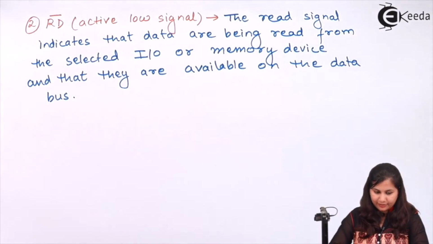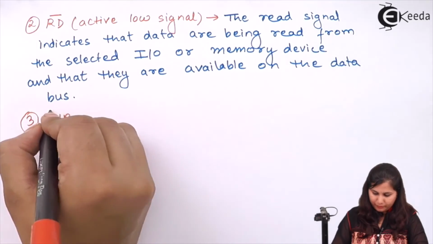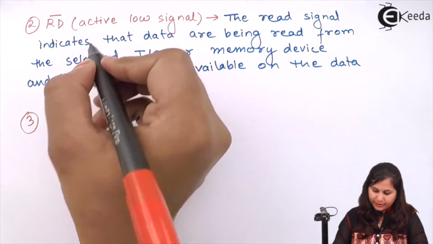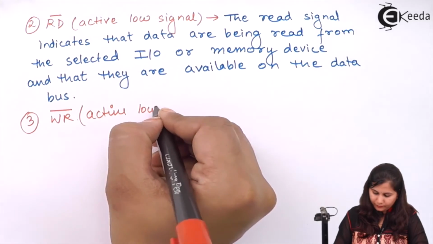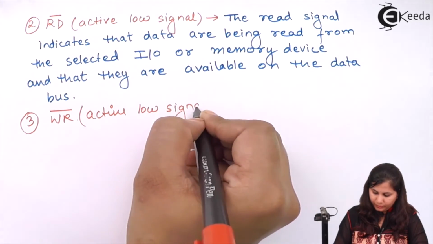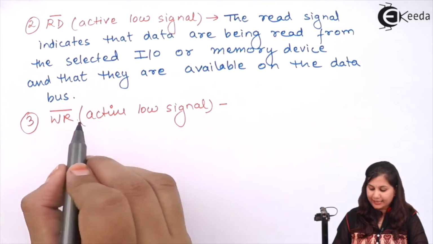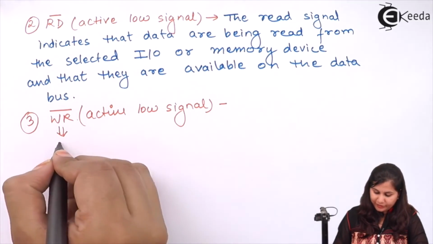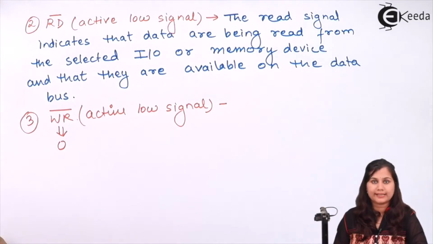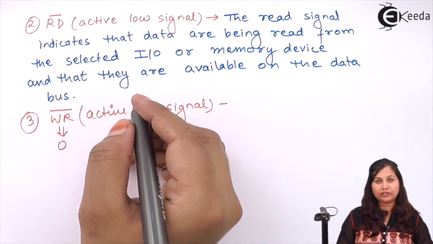Next signal is the write signal, WR bar. This is also an active low signal. If there is a bar on any signal, it means that signal is active low. It means that it is active when its value is equal to 0. This write operation is similar to the read operation.